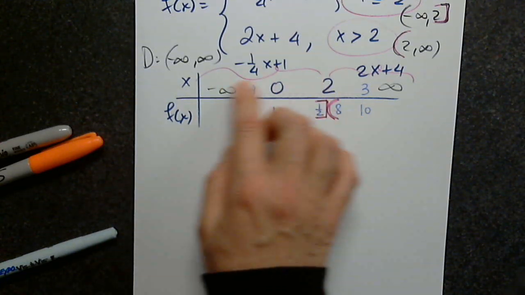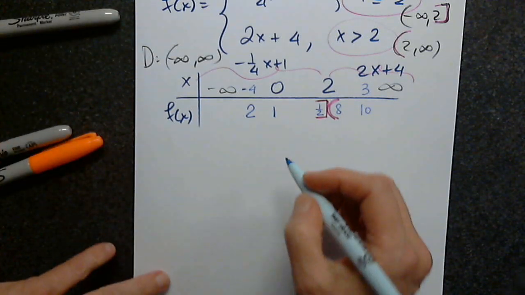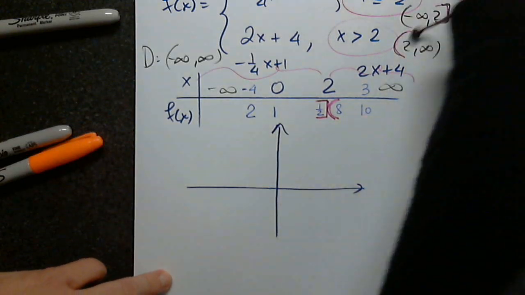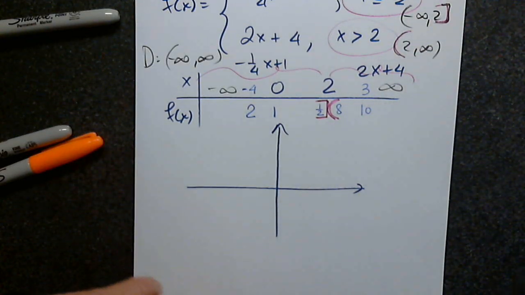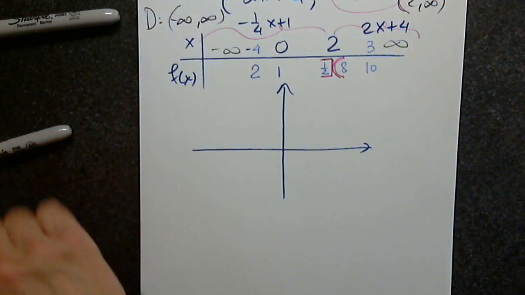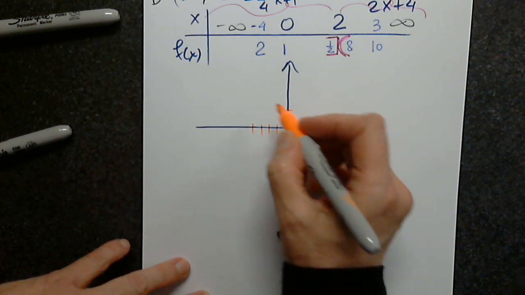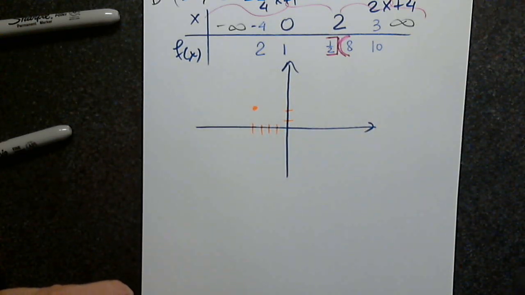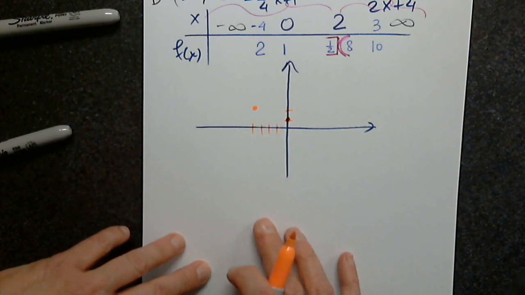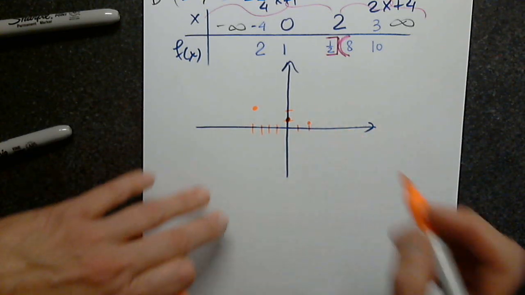So we got a few numbers on this side and 2 on this side. We got 3 on this side and 2 on the right. From left to right, the first ordered pair I have to present is negative 4, 2. And then 0, 1. And then 2, 1/2. And this is a full point.